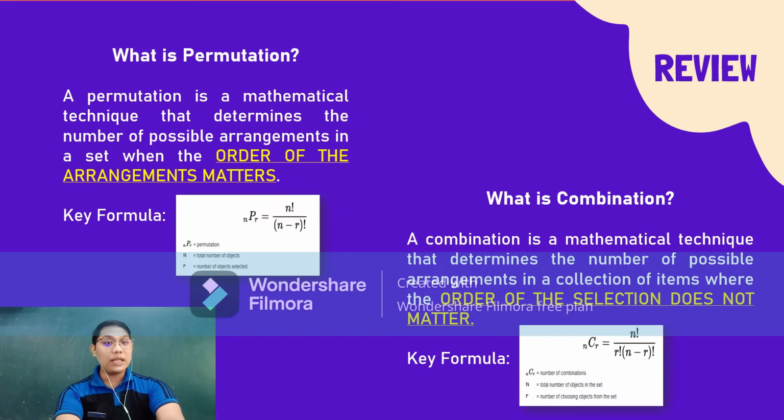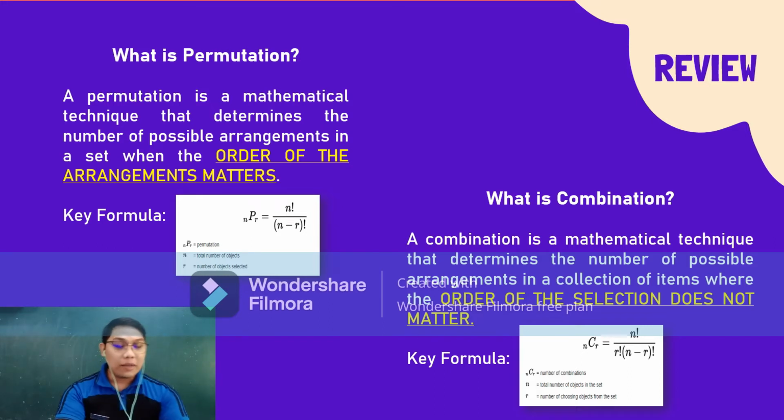And here is the formula of combination, where n is the number of objects in the set, and r is the number of objects chosen from the set. So the formula of combination of n taken r at a time is equal to n factorial over r factorial times the factorial of n minus r.